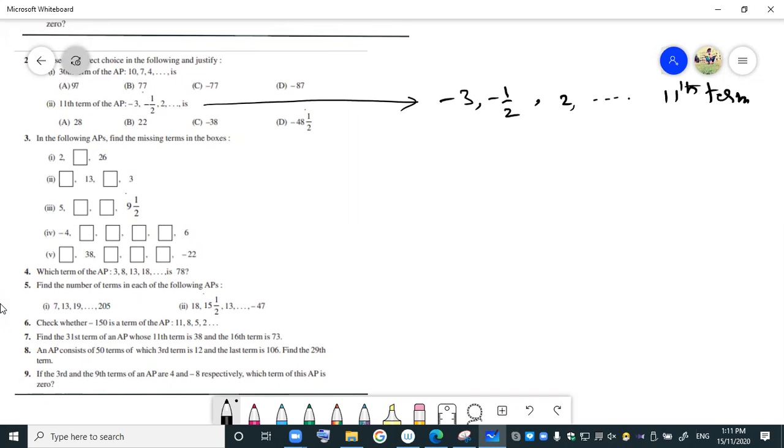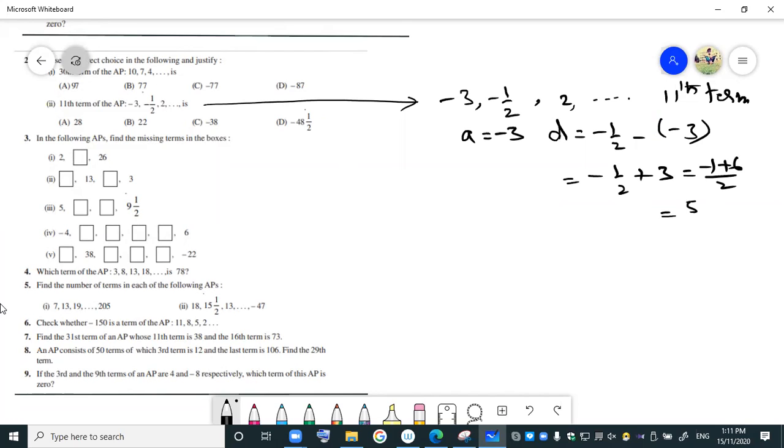So again we have been given everything. A is equal to minus 3, common difference is equal to second term minus first term. So minus 1 by 2 plus 3, that is minus 1 plus 6 by 2, 5 by 2 is the common difference.